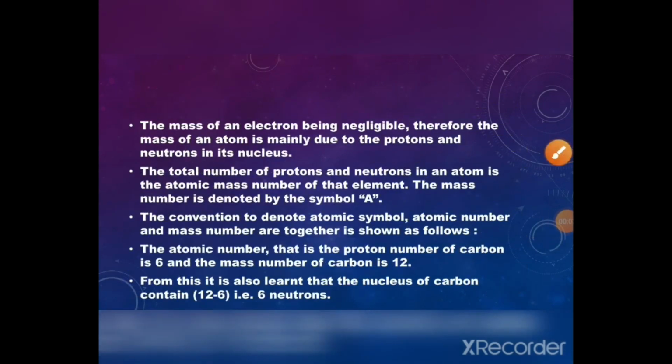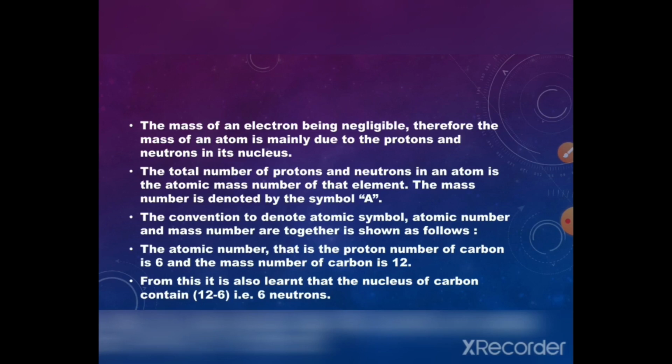The mass of an electron being negligible, the mass of an atom is mainly due to the protons and neutrons in its nucleus. The total number of protons and neutrons in an atom is the atomic mass number of that element. The mass number is denoted by the symbol capital A. The convention to denote atomic symbol, atomic number and atomic mass number together is shown here.